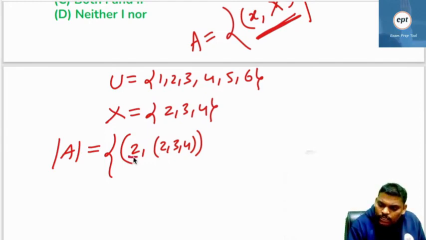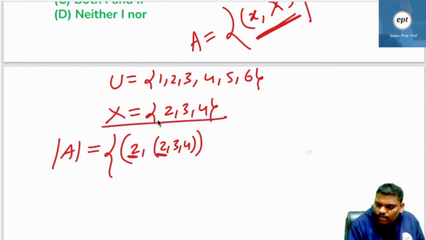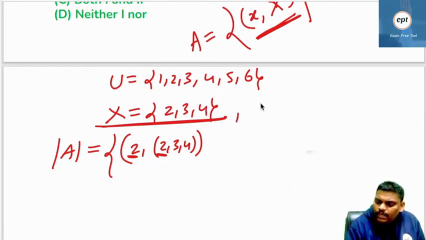Remember, these 2 should be there in both. I think one more, X can be 3, 4. So this is going to be 3, 3, 4.